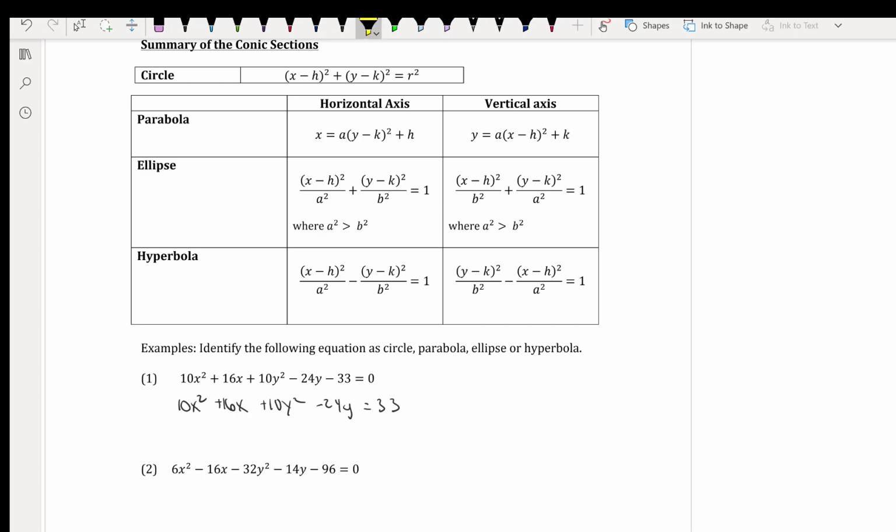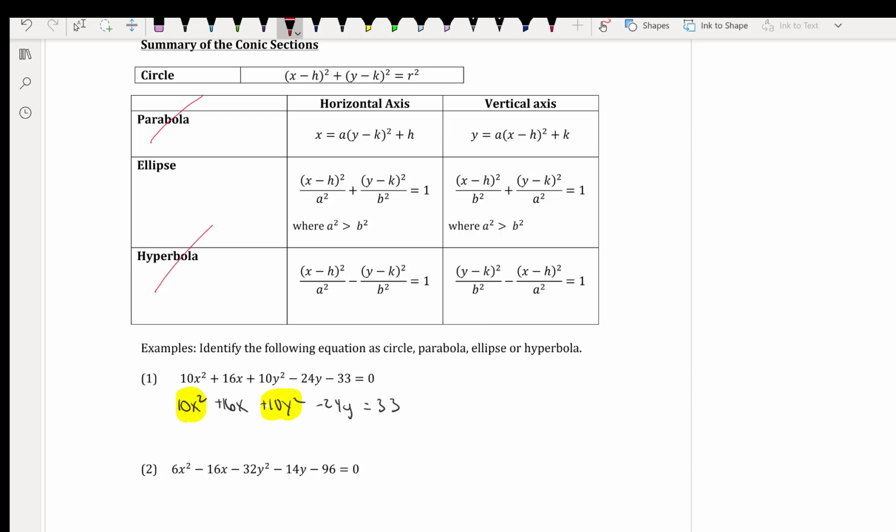So it's a process of elimination. If the x squared and the y squared are both positive, then it tells me that I can rule out the hyperbola because the hyperbola is a subtraction in the middle. I can also rule out the parabola because it only has one squared in one of the variables. So now the question is, okay, well, is this a circle or is this going to be an ellipse?